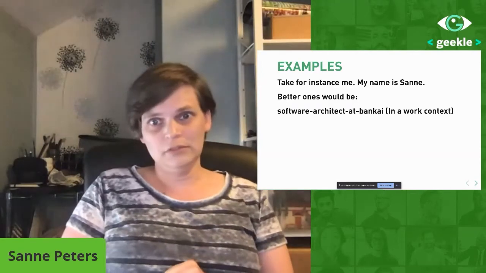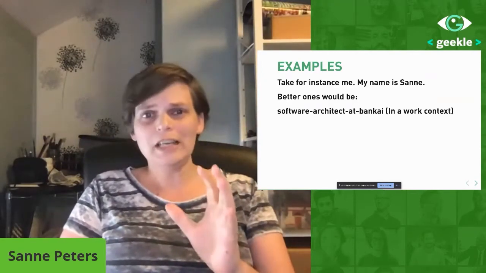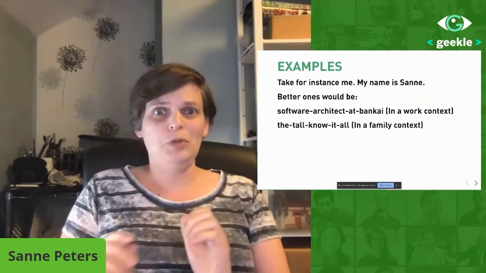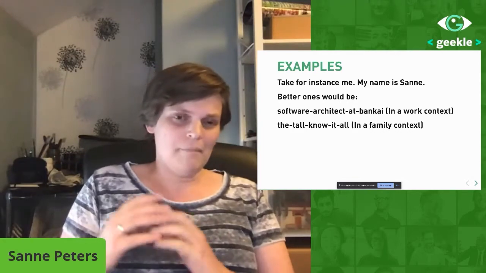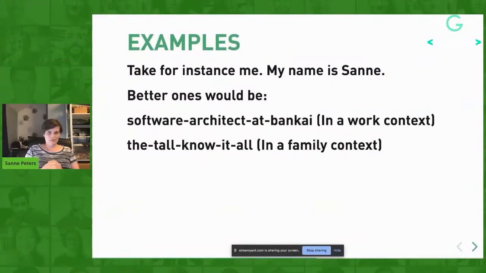Another one, in more of a family context, is the tall know-it-all, because I'm a bit of a person who corrects other people all the time, which I try to control, but it's hard, especially if they're wrong.